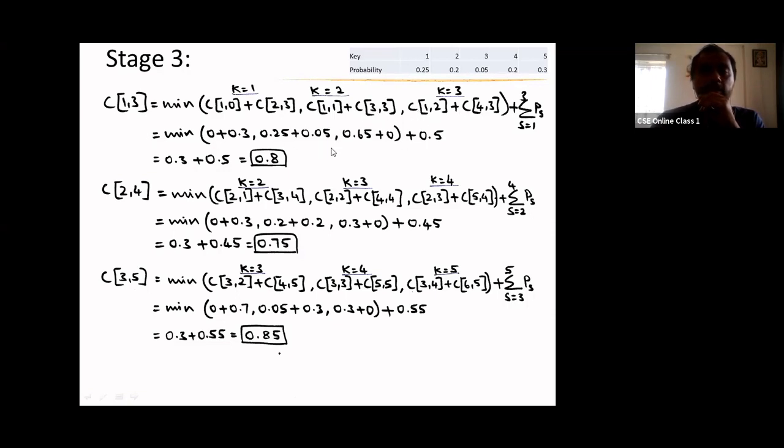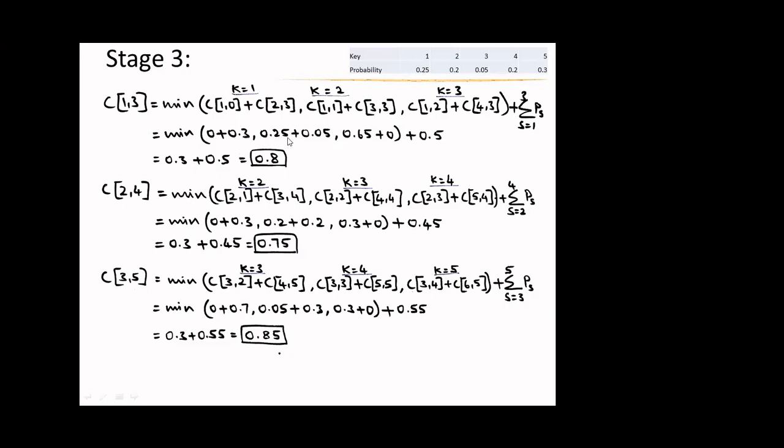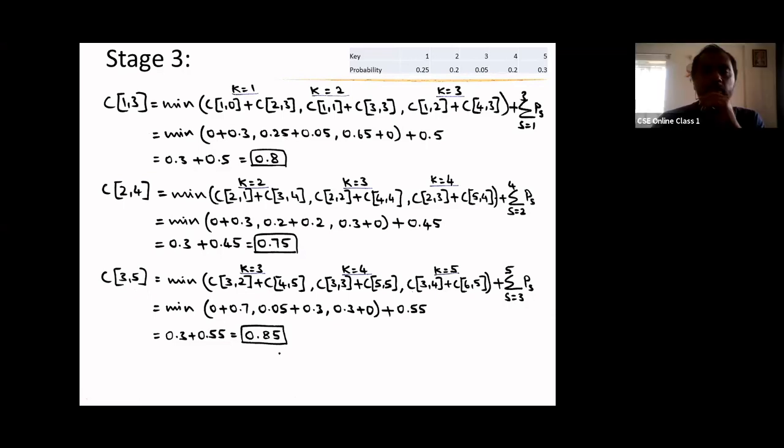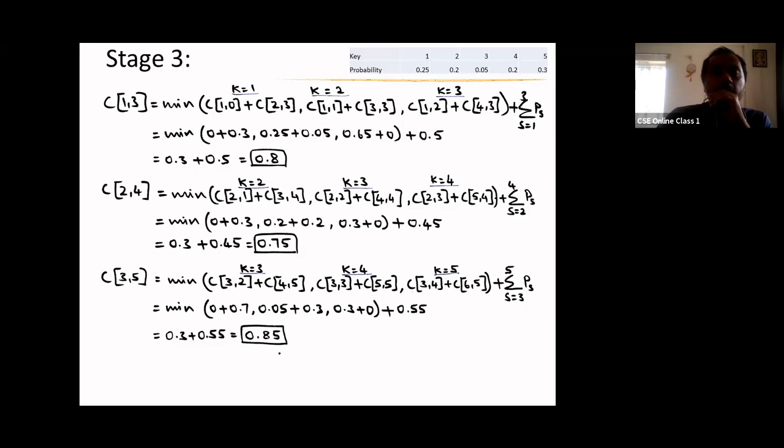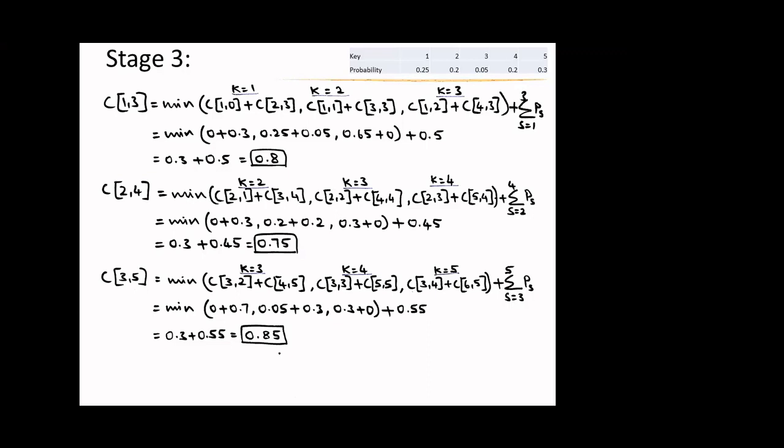So here you can see that the least value which we have chosen is 0.3. There will be collisions here, because 0.3 has two options, right? So either we can choose key as 1 or key as 2.